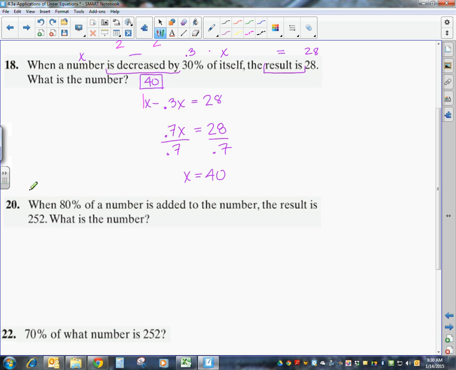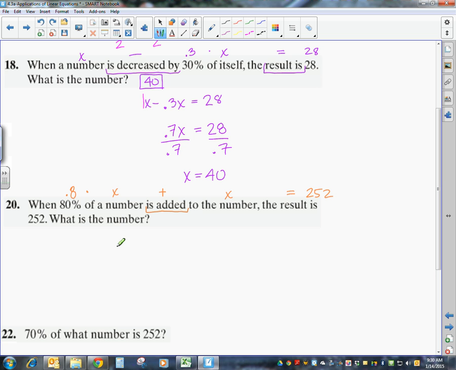All right, how about this one? When 80%, 0.8, of is my times, a number, is added to. Hopefully you know that's going to be plus, to the number. The result is, in this case, 252.